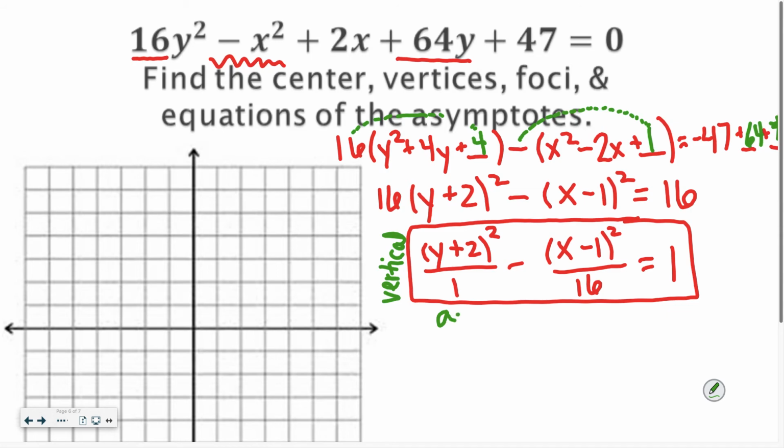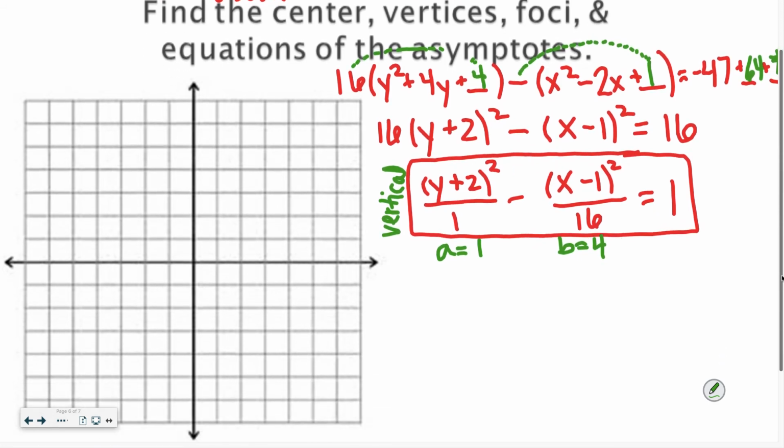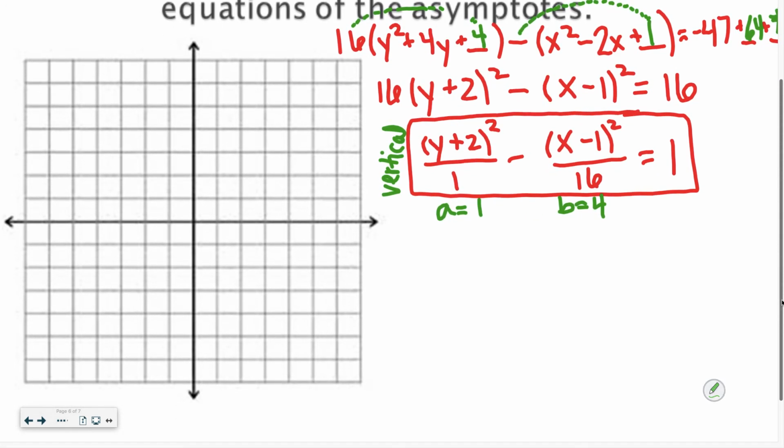So in this case, a squared is 1 and b squared is 16. A squared, no matter if it's bigger or smaller or the same, always comes with that positive squared variable. So let's identify the items that we need.